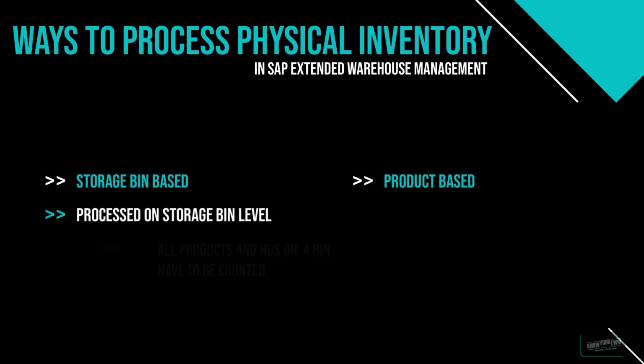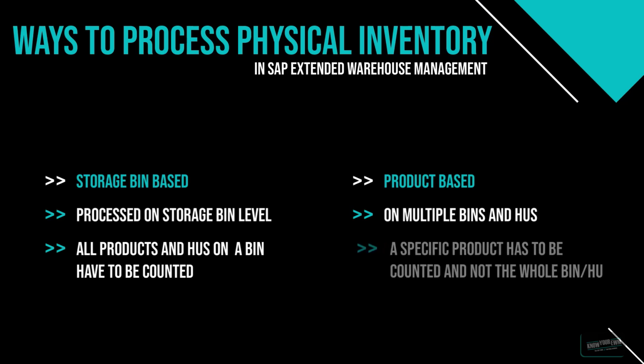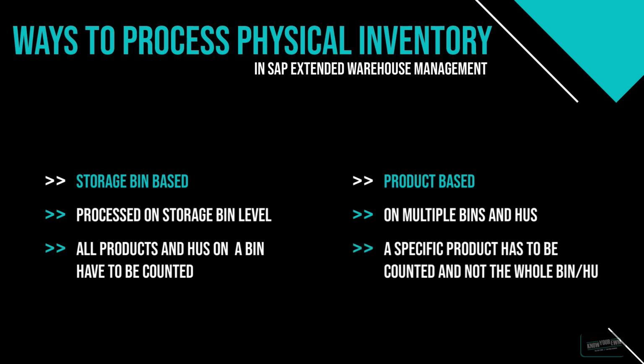This means that all products and handling units on a bin have to be counted. The second option we have is the product-based inventory. This one is based solely on the product on one or multiple bins and handling units, meaning a specific product has to be counted and not necessarily the whole bin.